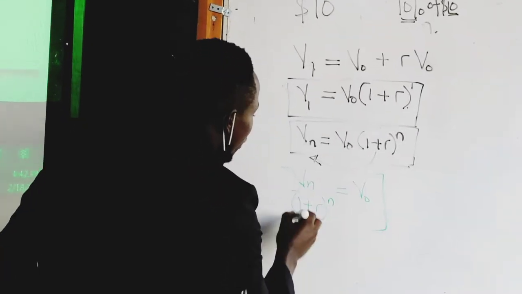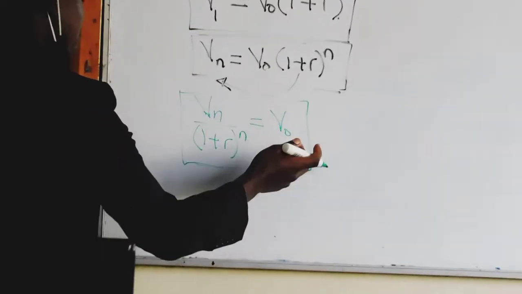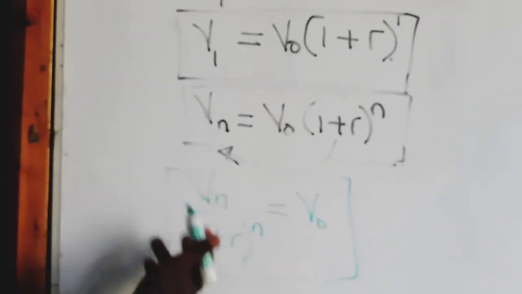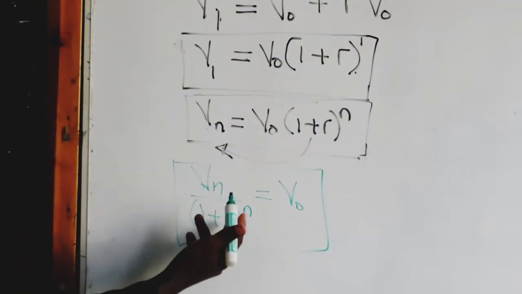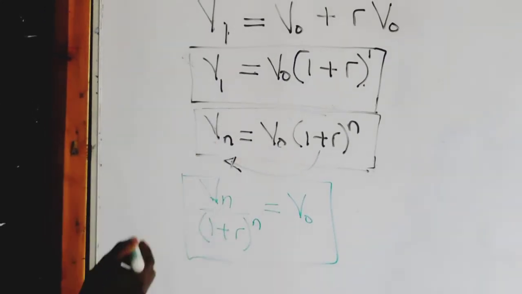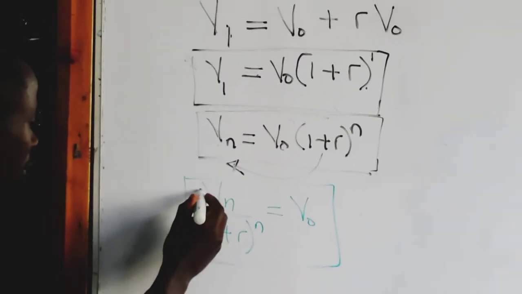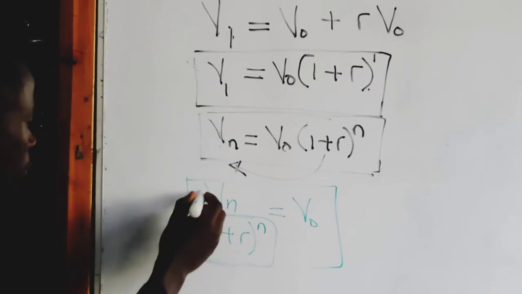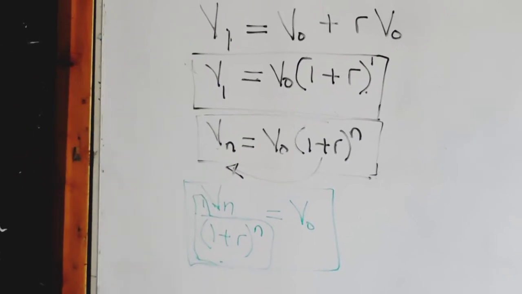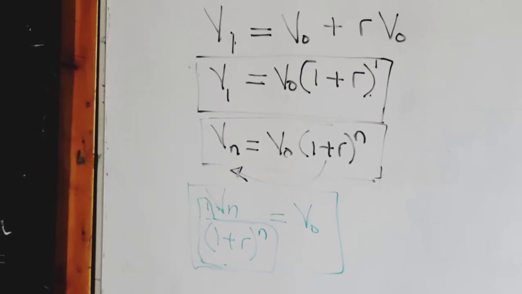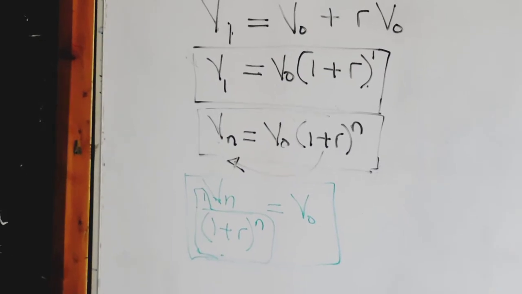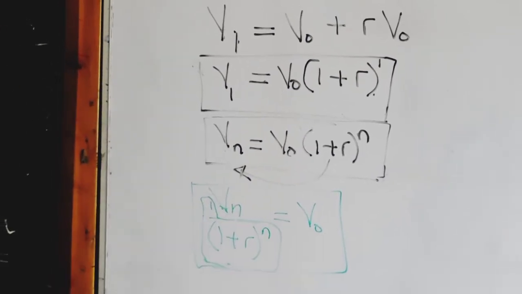So this will be the present value formula. The present value will be equal to the future value over 1 plus R power n. And this bracket is what we call the discounting factor, the component of the interest rate that gives the difference between the future value and the present value.